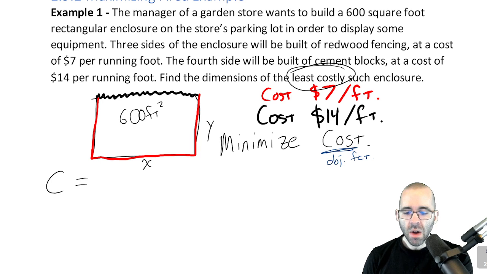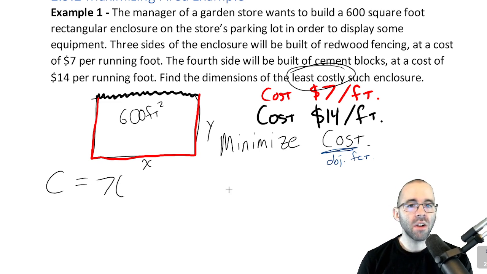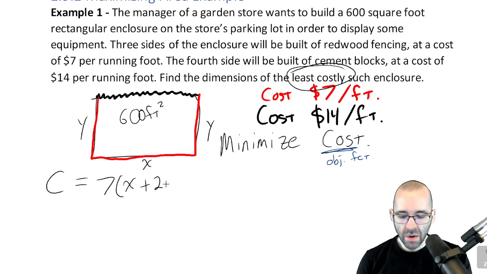If that's our X and our Y, what is our cost? Well, it's $7 for every foot of the red. How many feet of red do we have? Well, we have 1x of red, and we have 2y of red.